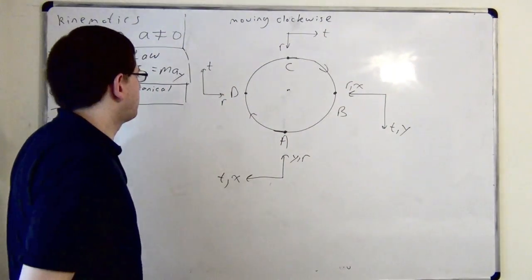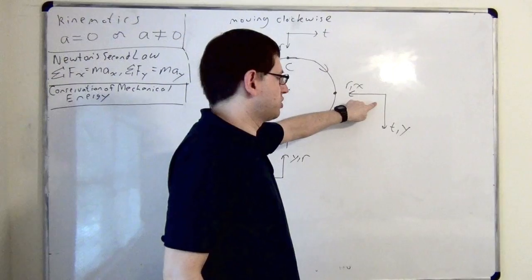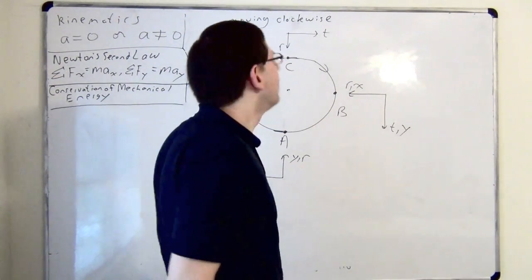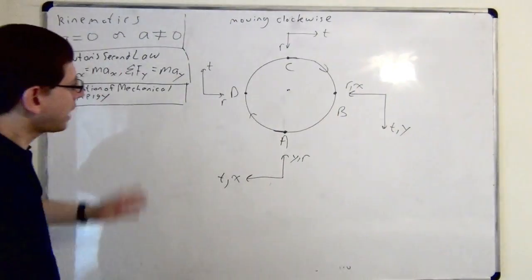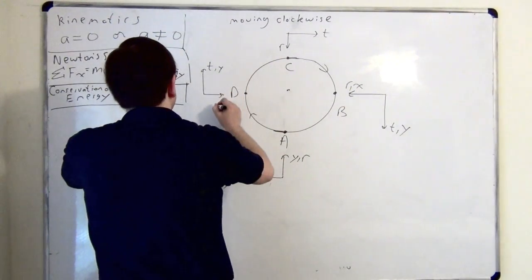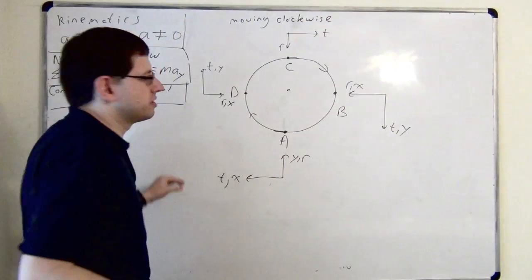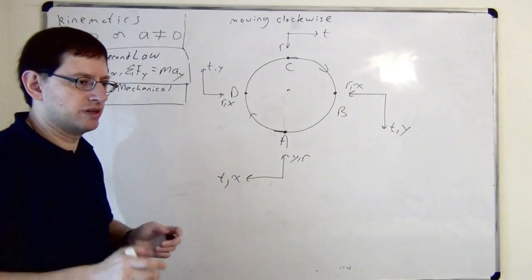So notice that at this point, the tangential axis would be best drawn as up. But at this point, the tangential axis would be best drawn as down, because your direction of motion changes when you're moving in a circle. Okay, so that's how we would draw our axes. Again, we might call this also the y and this the x. Again, there's also a z-axis that doesn't have a special name, and it probably wouldn't be too important for a vertical circle like this.